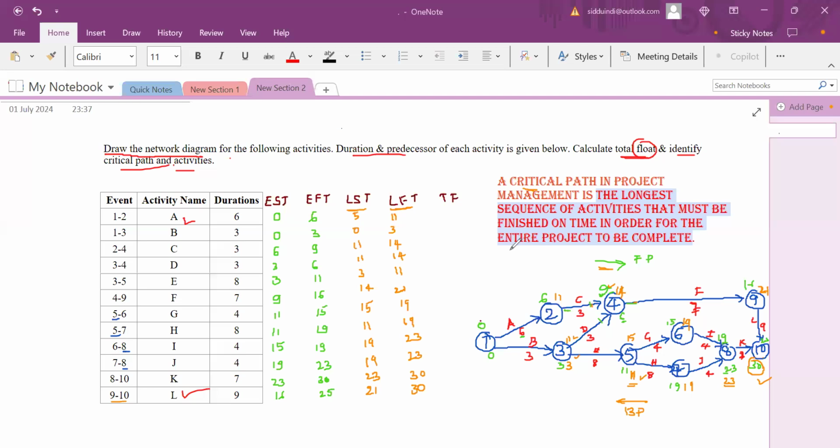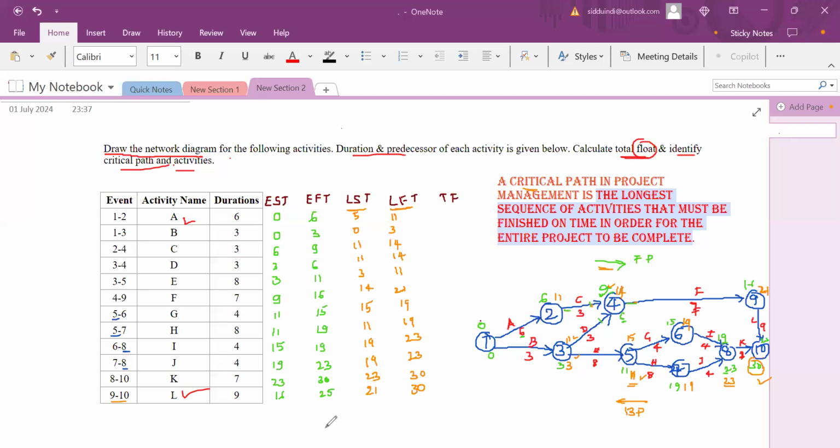Now see here, we got the early start, early finish, latest start, and latest finish of all the activities. Now we have to calculate the float of all the activities. How to calculate float?